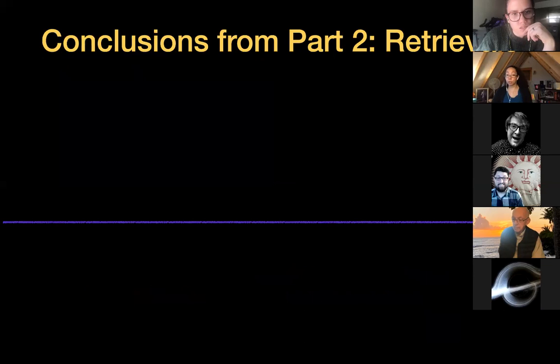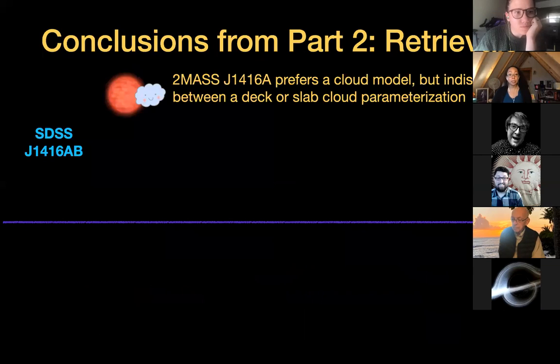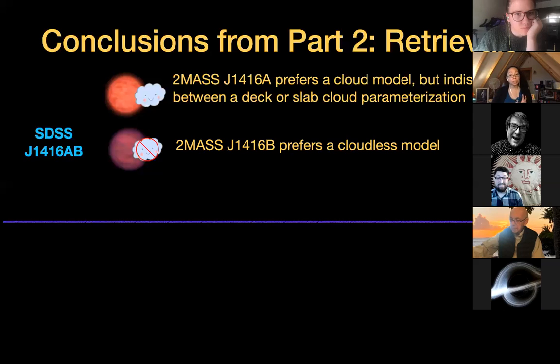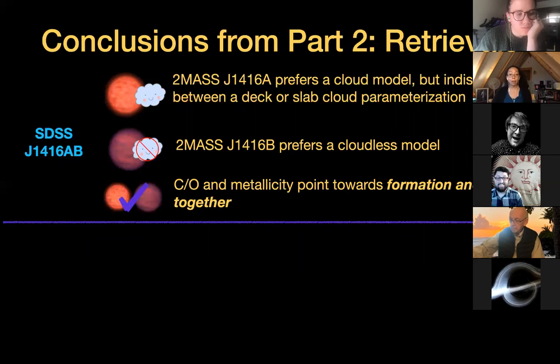So in conclusion from this part, for 1416A and B, we see that 1416A prefers a cloud model, but it's indistinguishable between it being either a deck cloud or a slab cloud. For 1416B, we see it prefers a cloud-free model. And the C to O and metallicity between the two point towards a consistent formation and evolution together.